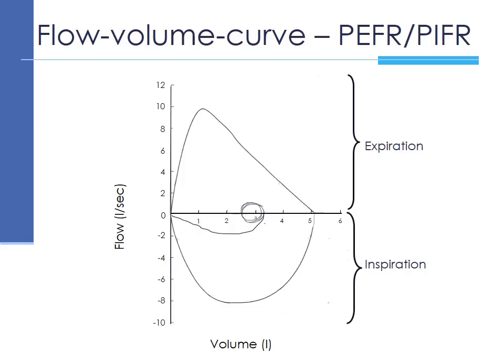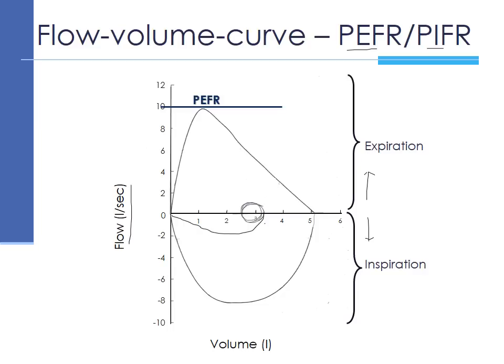Besides FEV percentage, a few other important values can also be obtained from the flow volume curve, and that includes the peak expiratory flow rate and the peak inspiratory flow rate. While we look at the y-axis, so we are looking at the flow in liters per second, we need to always remember that the top part of the curve represents the expiration and the bottom part of the curve represents inspiration.